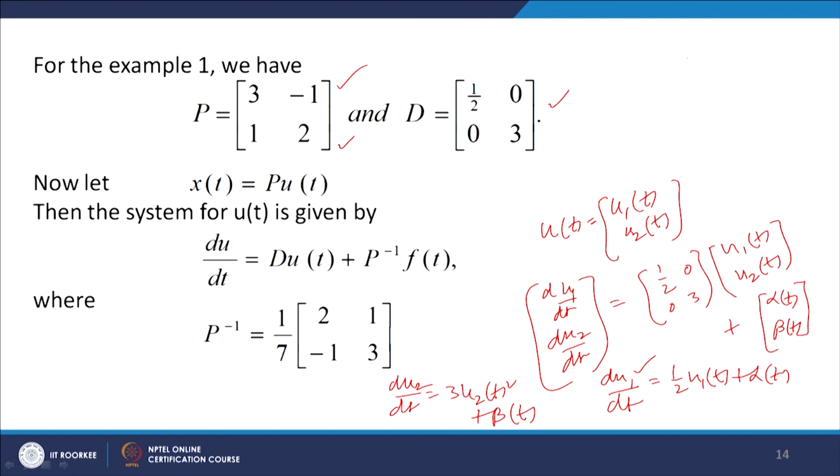We know how to solve the equation dy by dx plus p y equal to q, where p and q are functions of x. So you can solve du1 by dt minus half u1 equal to alpha(t), and du2 by dt minus 3 u2 equal to beta(t). We can find the integrating factor and then find the solutions u1(t) and u2(t).